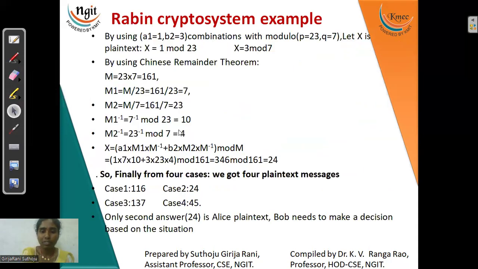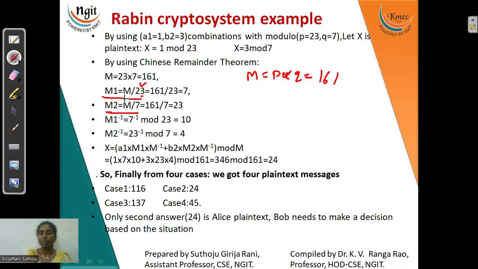So let us see this formula now. This formula is just to find M with respect to your values. M will be P times Q, so 161 is my N value directly. Now, M1 is generated by M divided by 23, the P value.